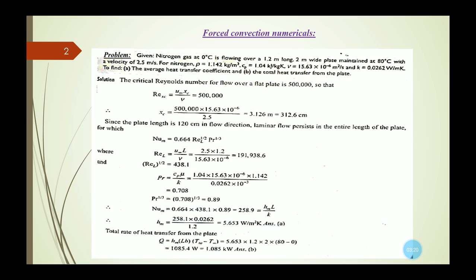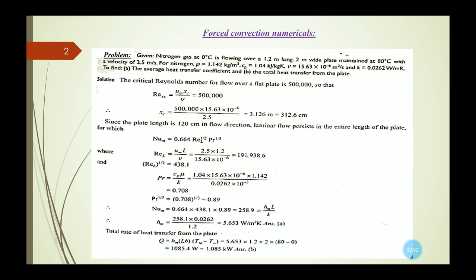Now, how to identify if the case is laminar or turbulent? To identify that, we need to use the concept of the Reynolds number based on the boundary layer theory.